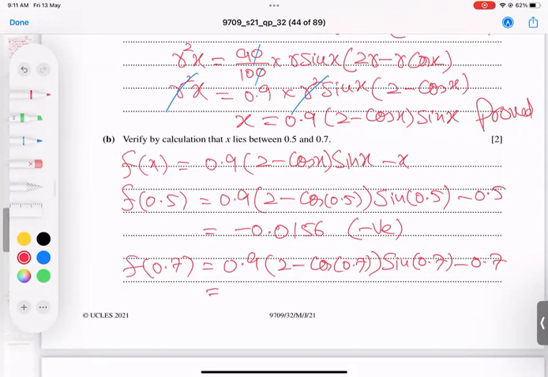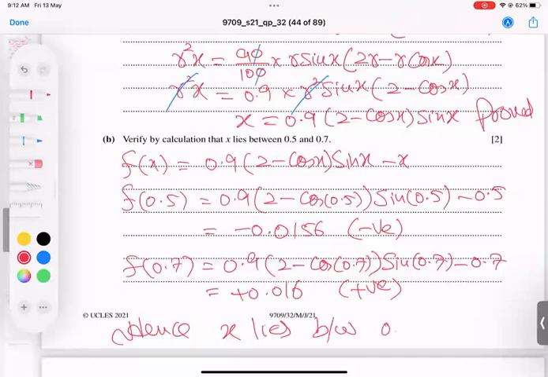And what answer turned out to be? I'm getting a positive answer. Okay, make sure if one answer is positive and another answer is negative, whenever the sign changes, the root lies there, the statement is true. Hence, x lies between 0.5 and 0.7.